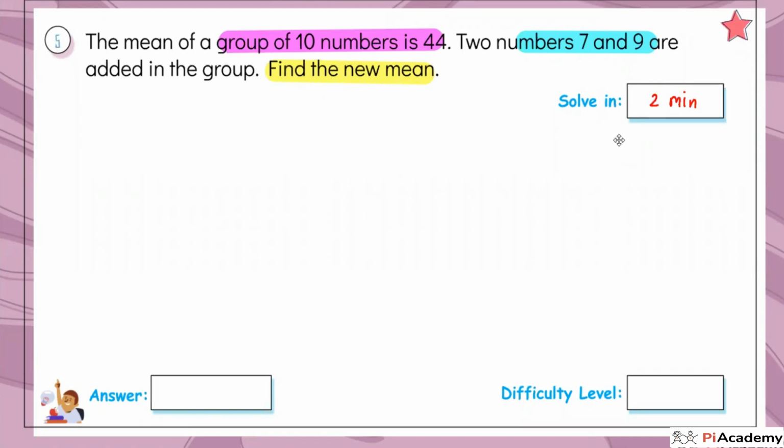So it's important to attempt the full paper with accuracy, and all this is possible only if you are able to manage your time properly. Time management plays a very big role in the exam. So while practicing, you have to do all these questions by setting a time limit to solve them.